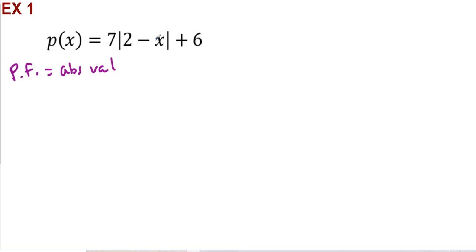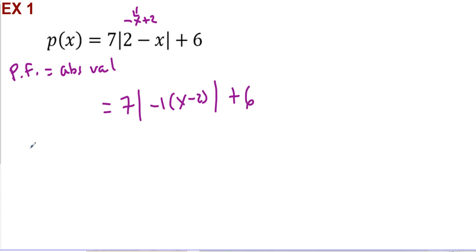So I'm going to go ahead and flip this, and it's going to be negative x plus 2. And this has to be a positive 1. So I'm going to have this as 7 times the absolute value of negative 1 times x minus 2, close the parentheses, plus 6. Okay? My generic form is going to be 7 times the absolute value of negative 1 times x minus 2, plus 6.